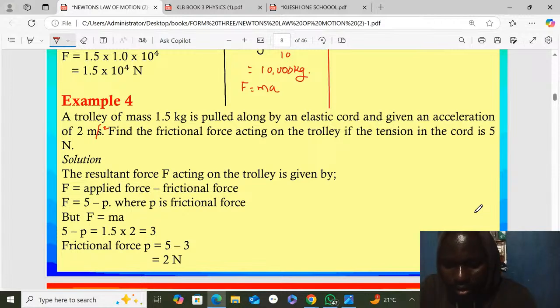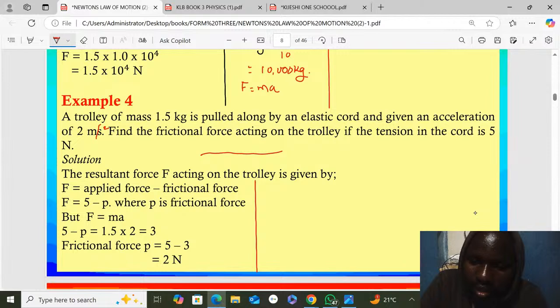So how will we take this one? You consider that we're having a trolley. This one now is being pulled.